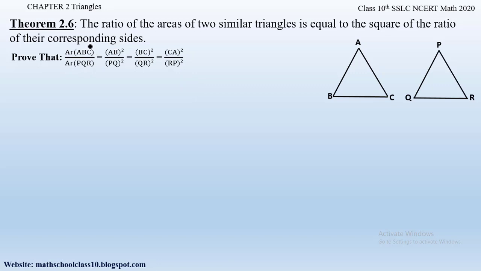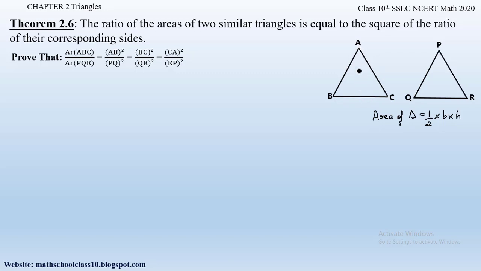If you see here, on the left hand side we have to find the area of triangle ABC and triangle PQR. We already know the area of a triangle is given by half into base into height. If you observe these two triangles, the bases we already know, that is BC and QR. But what about the height or altitude?